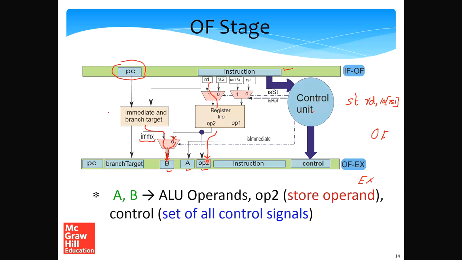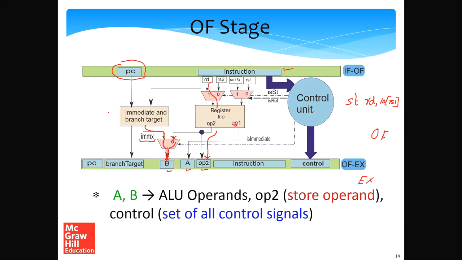So that needs to be stored, right? That will flow via this route, because if is store is 1, then we will access the register file with the contents of RD, which is the destination register. So recall the special case that we are making for the store instruction. Then we read that and we store OP2 in the OP2 field.